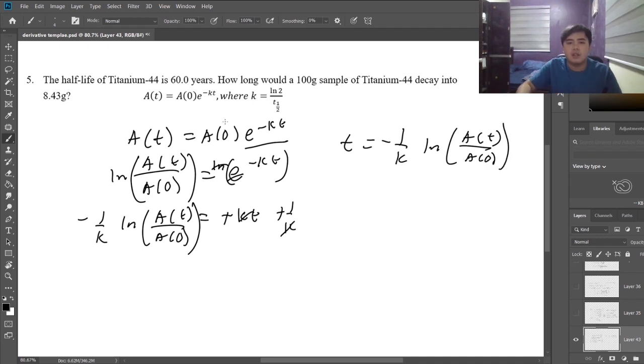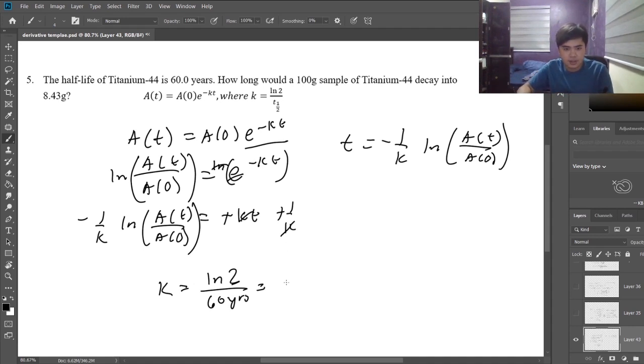So we need the time for this, so let's try finding it. First we need to find what k is. K should be ln 2 over the half-life, which is going to be 60 years, and this is equal to ln 2 divided by 60.